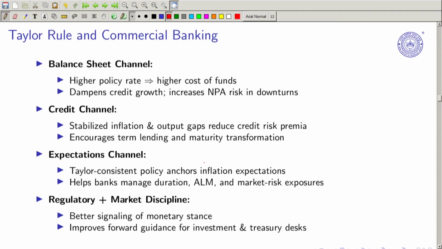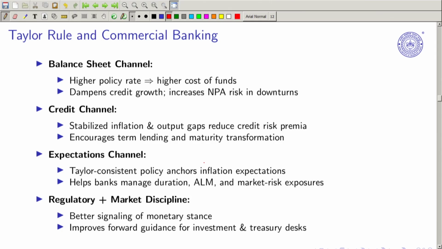Now here again, if you think about the role of the Taylor rule in commercial banking, you can think about the balance sheet channel, which is like when we have a high policy rate, it impacts your borrowing and lending, and as a result, you see a higher cost of funds, and you see a lot of projects not going ahead.